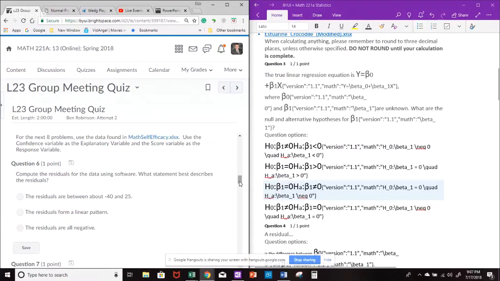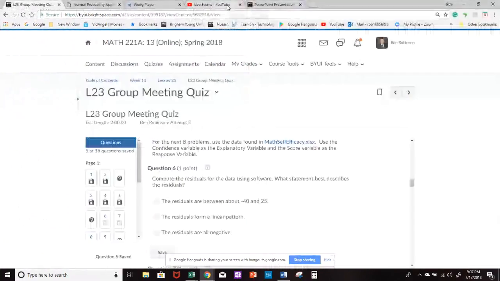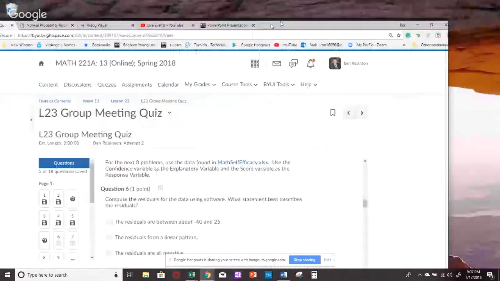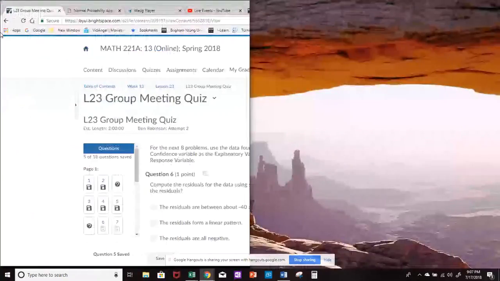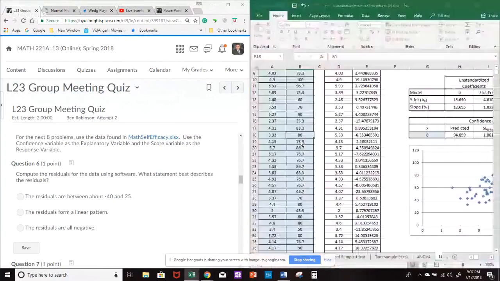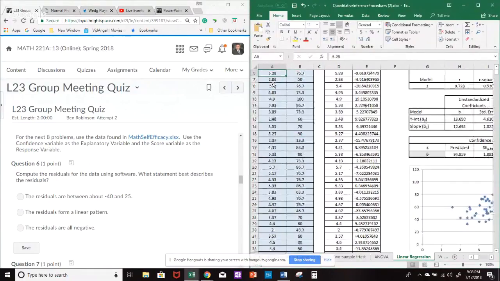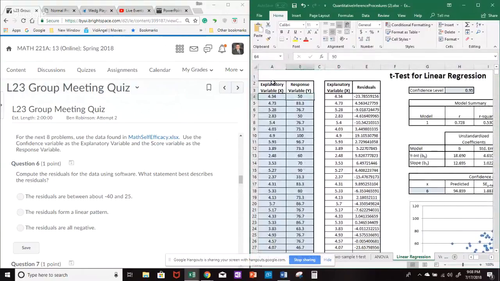Okay, and then for this one, probably easier if we do this. Oh, we need the Excel. So for this one, compute the residuals for the data using software. What statement best describes the residuals? I took the math scores here, went to the linear regression tab, and put the confidence score in column A and the response variable, how they did on the test.